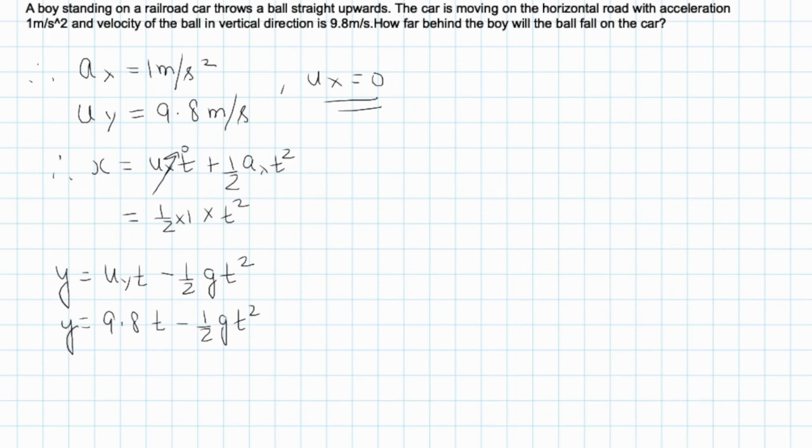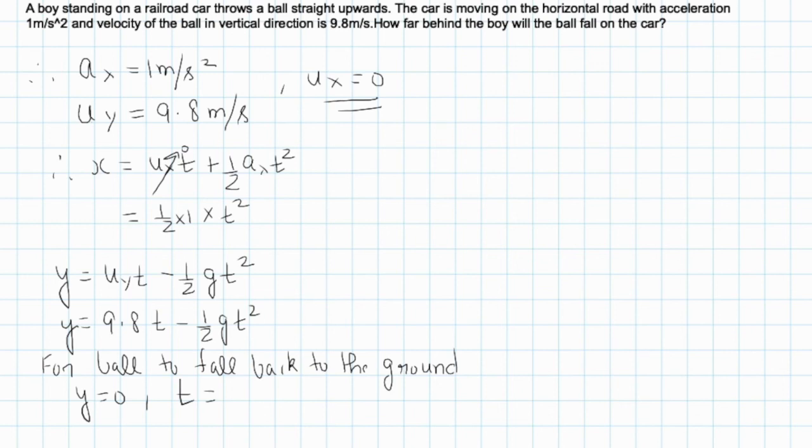Now for the ball to fall back to the ground, y has to be 0. Therefore we get time is equal to 0, or time is equal to 2 into uy by g, which if we calculate, this will be 2 seconds.